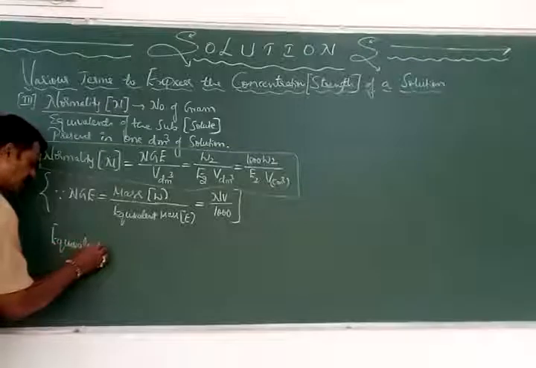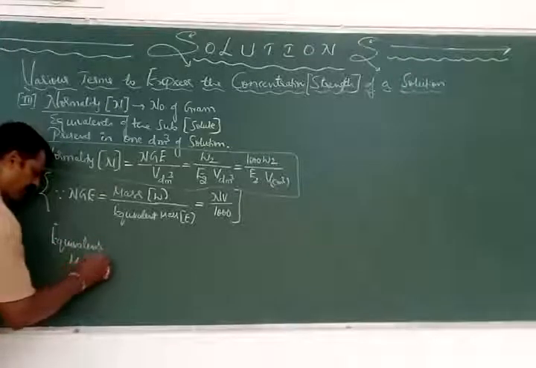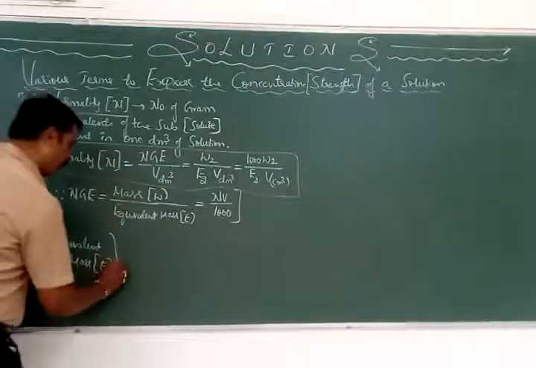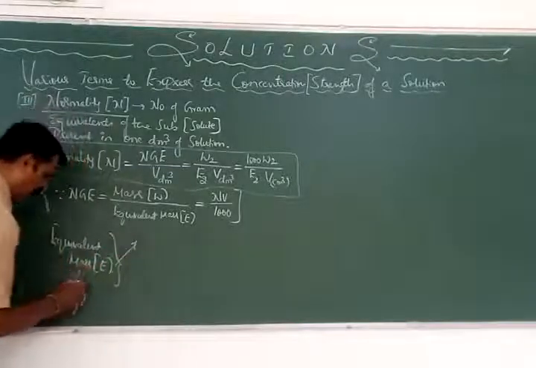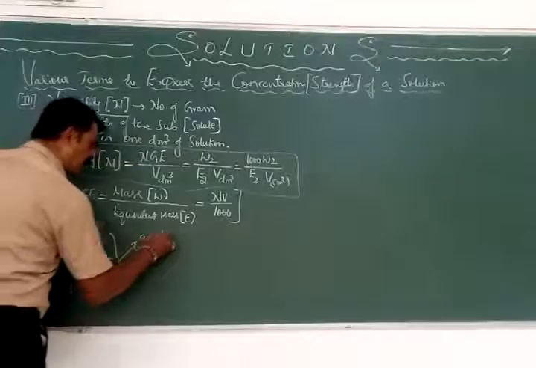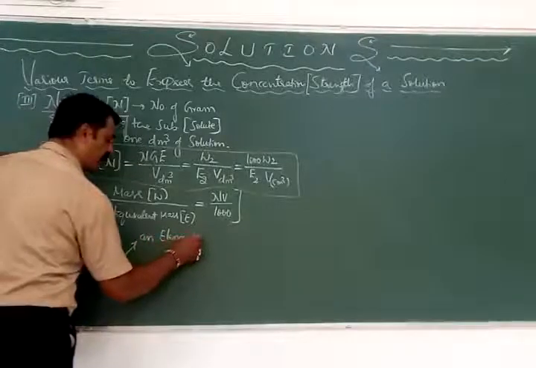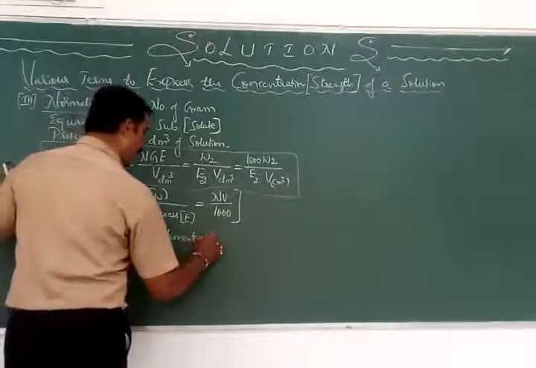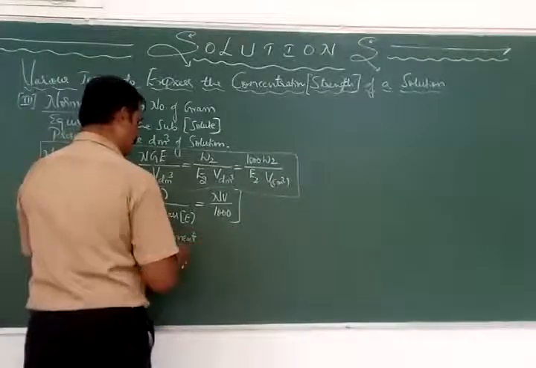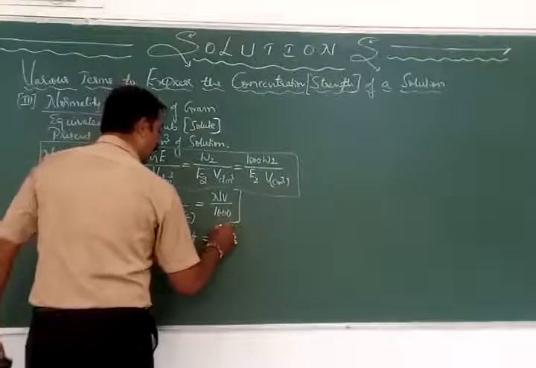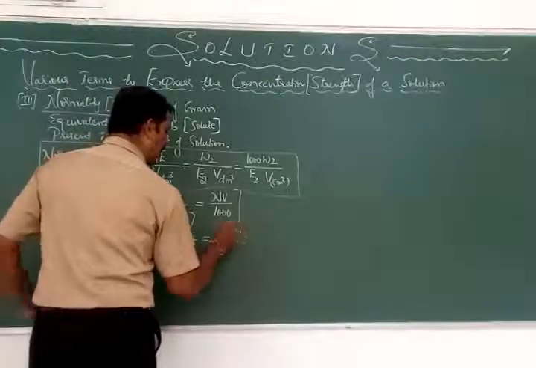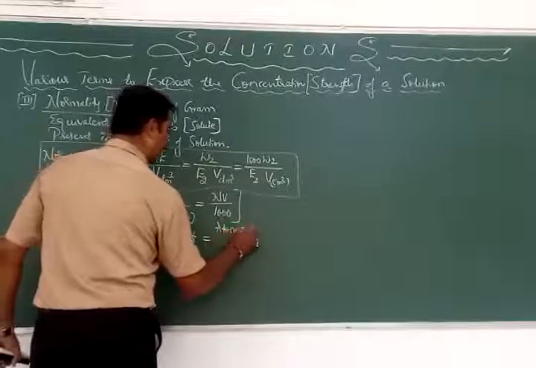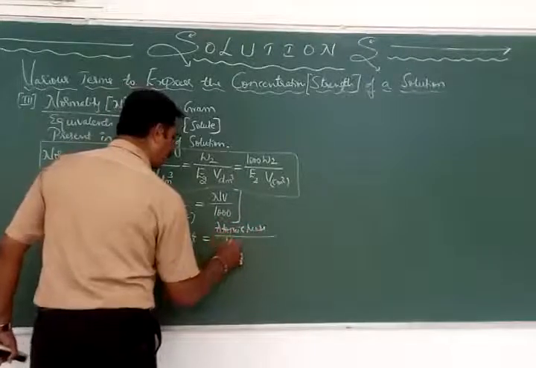Here another thing is very clear. Equivalent mass E is calculated by the formula, if it is an element, gram atomic mass divided by valency, or simply atomic mass by valency.